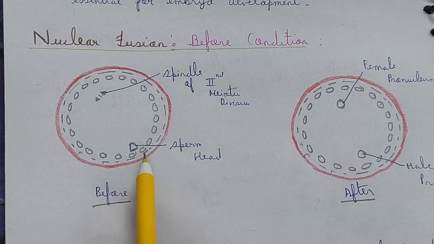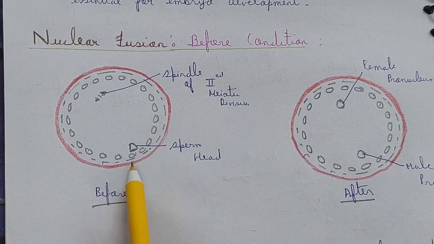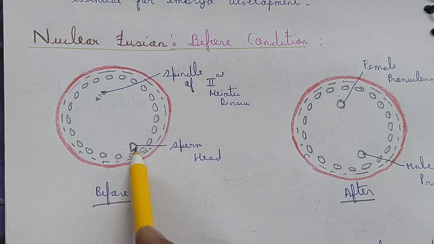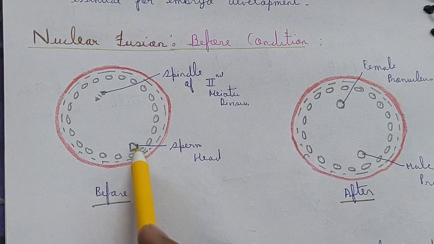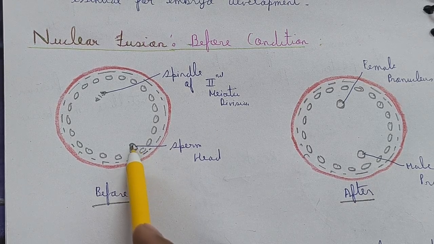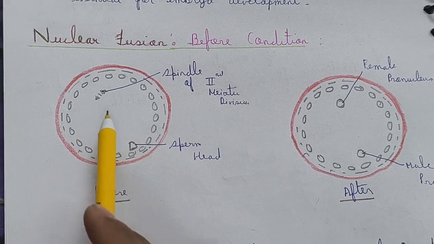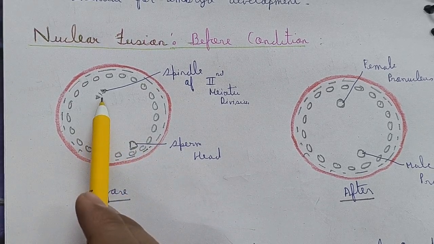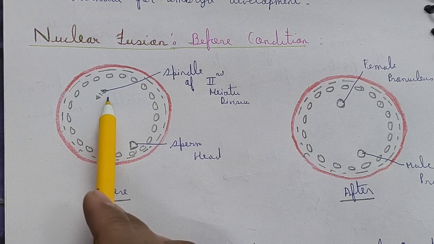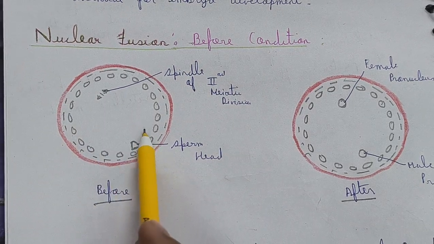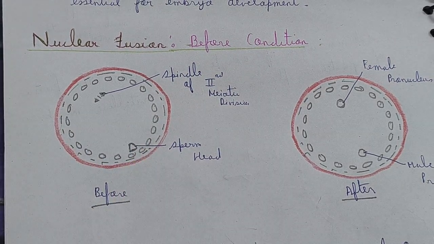Before, you can see the sperm head is there, and the spindle of second meiotic division, meaning the second meiotic division has not been completed yet.